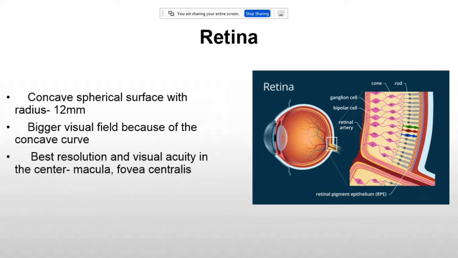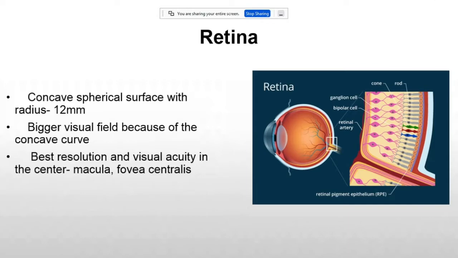Light travels all the way through first the cornea, anterior chamber, lens, vitreous, and you see it travels through all 10 layers of the retina to meet the photoreceptors, and then the impulse is created, and it travels along the visual pathway.